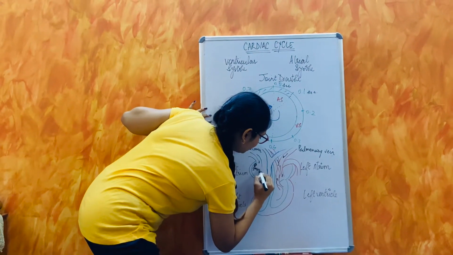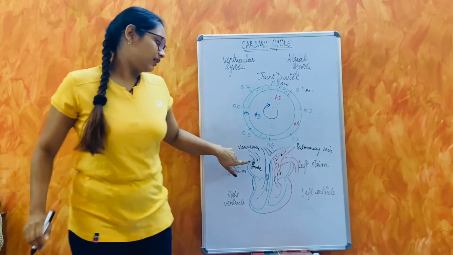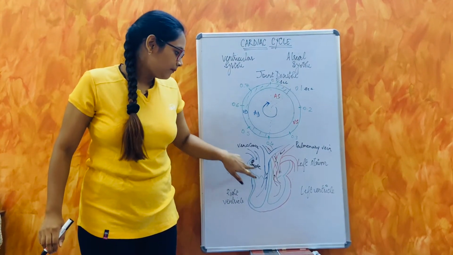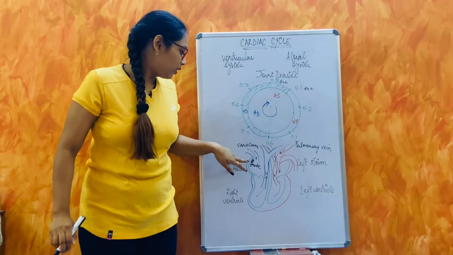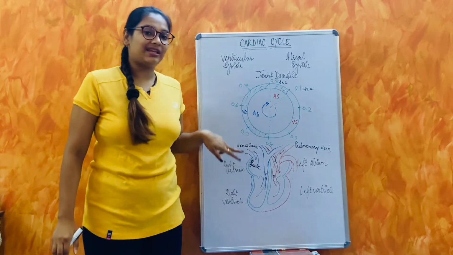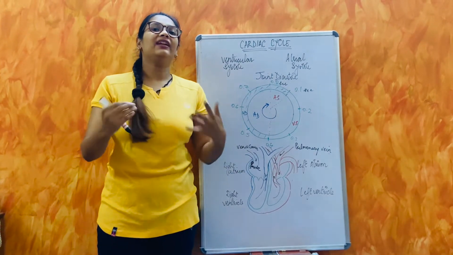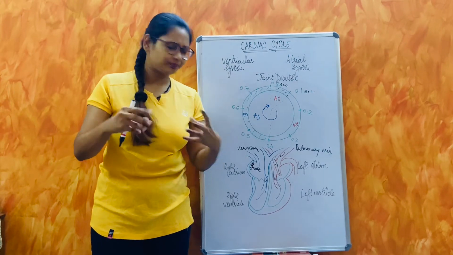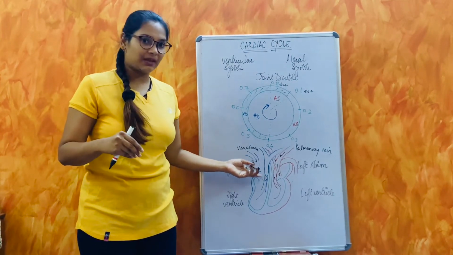The SA node is present in the right atrium, on the posterior wall towards the upper side. Basically, the SA node is the generator of the action potential for the heart. So this is the pacemaker.